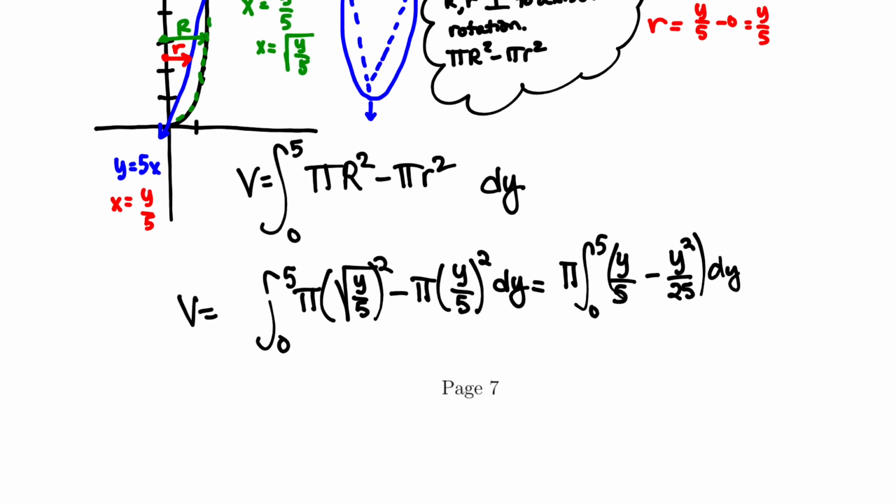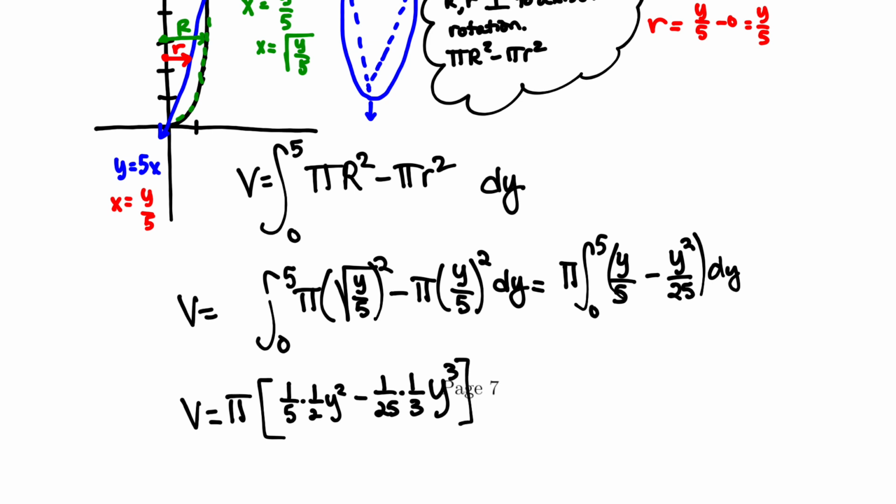And so then I get volume is pi times, well, I'll integrate. That's 1/5 times 1/2 y squared minus 1 over 25 times 1/3 y cubed from 0 to 5.